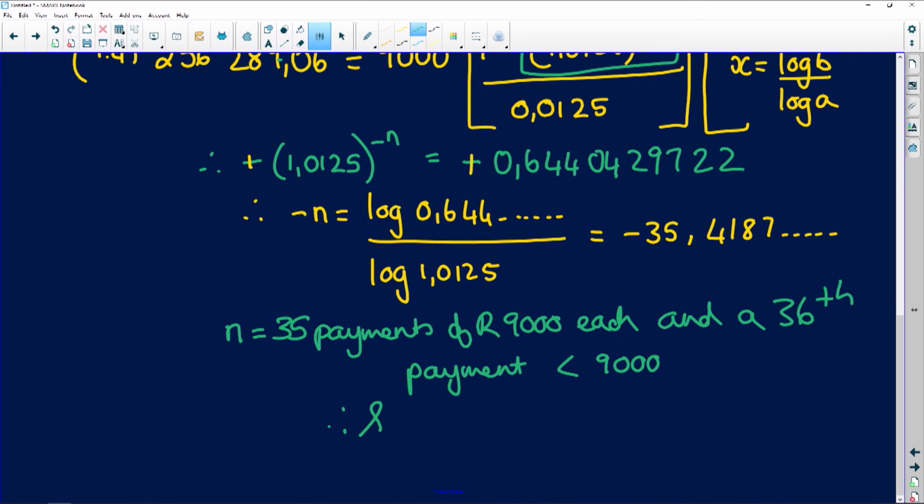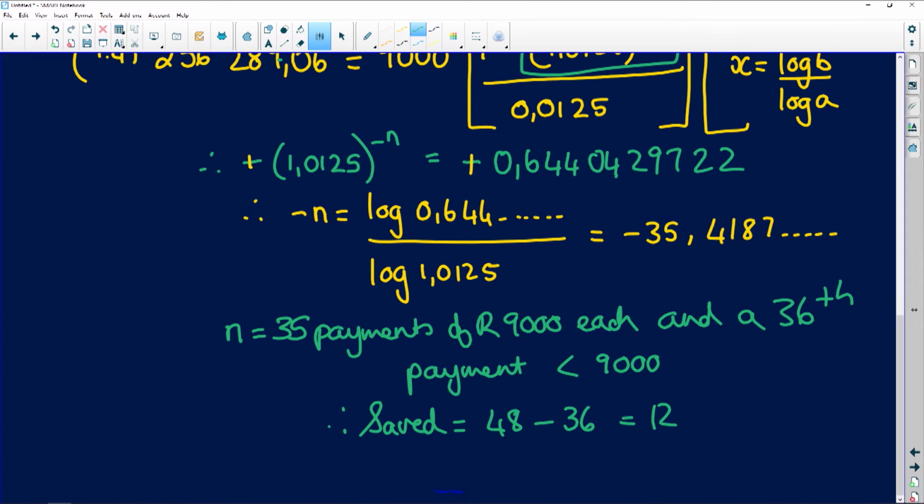So let's write that down. Saved was the initial period of 48 months or payments, reduced to 36 payments, which in this case are done monthly. Okay, so it's right to think of it as months. So there was 12 months shorter, a whole full year. Instead of paying the 7,300, pay 9,000 a month, and you save a year of interest and you save a year on this loan, the period of the loan.